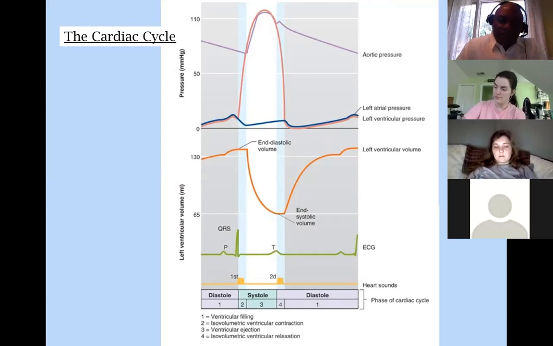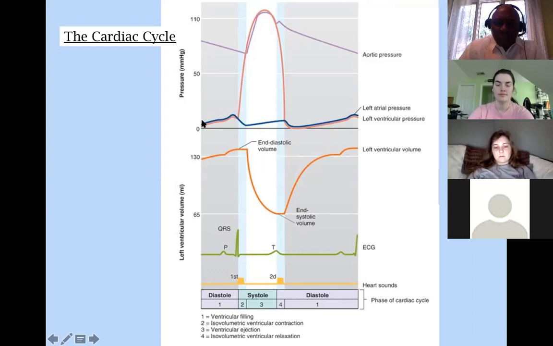All right, let's move on. We'll come back to stroke volume when we talk about the performance of the heart, cardiac performance. All right, now we go to pressure. The last part is pressure, and pressure in 3 different chambers.